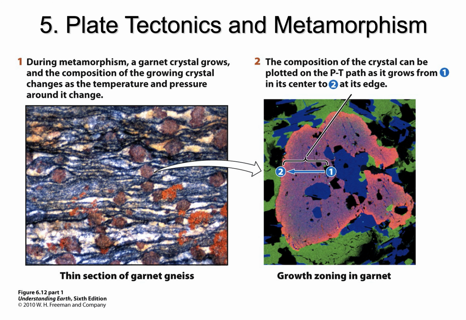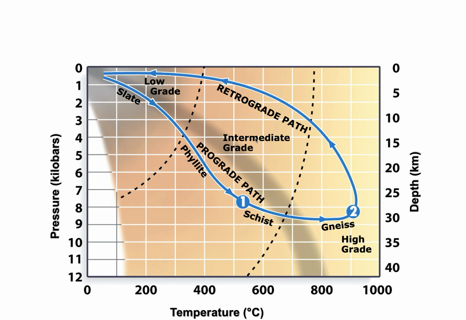So the composition of the crystal can be plotted on the PT path as it grows from 1 in its center to 2 at its edge, yeah, and there we have the growth zoning in garnets. Not only garnets have this, but the garnet is a very suitable mineral for calculating a PT path.